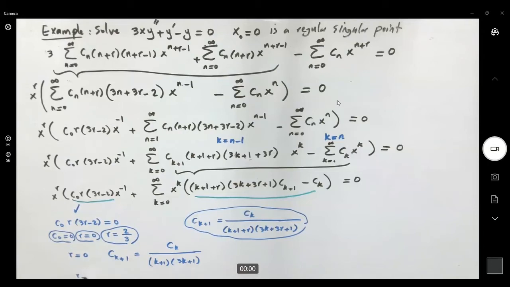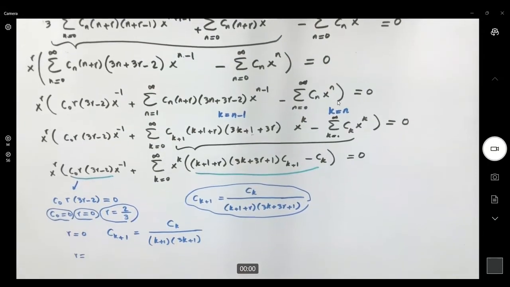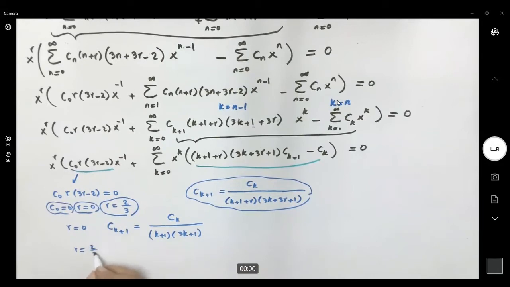If r is equal to 2/3, c sub k plus 1 becomes c sub k divided by, here you have k plus 2/3 plus 1, 5/3, and we get 3k plus 2r plus 1. There you go. Okay, cool.